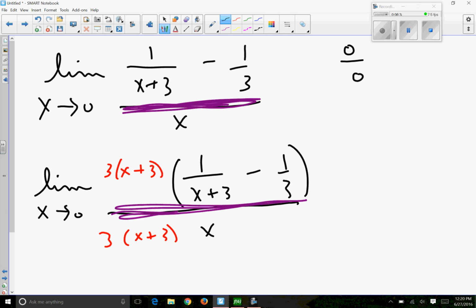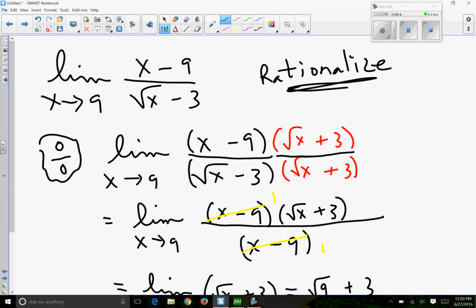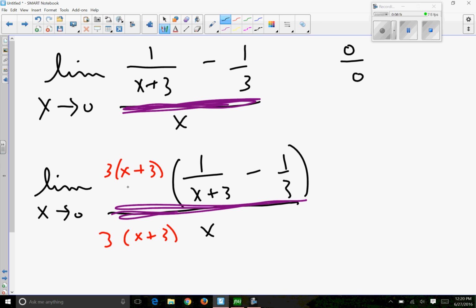So similar to the last example, we're multiplying the numerator and denominator by the same thing. That's what we did here. We multiplied the numerator and denominator by this red.